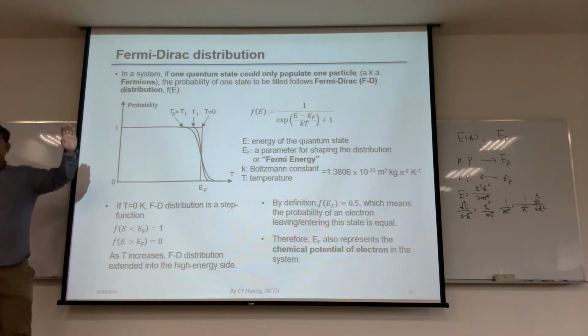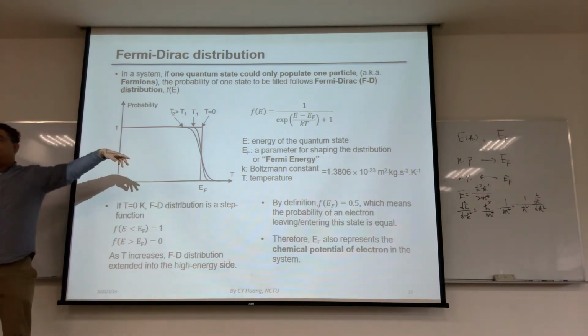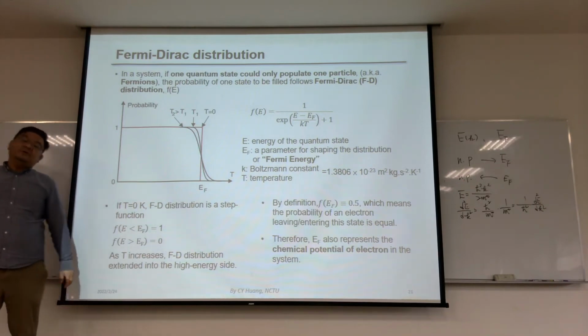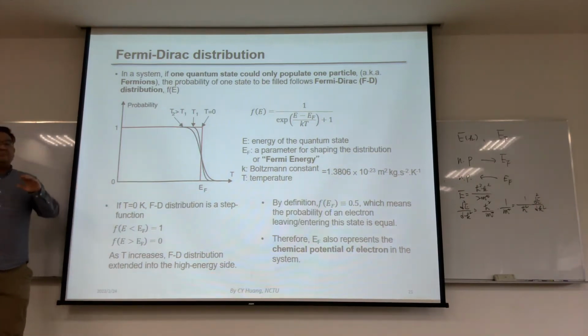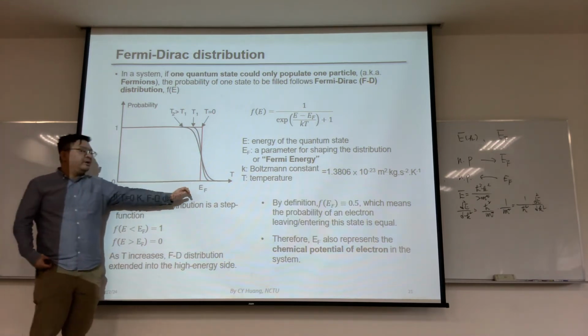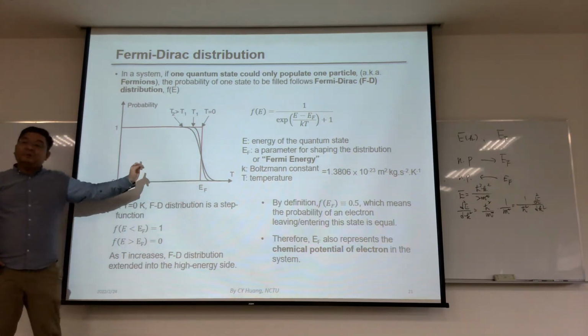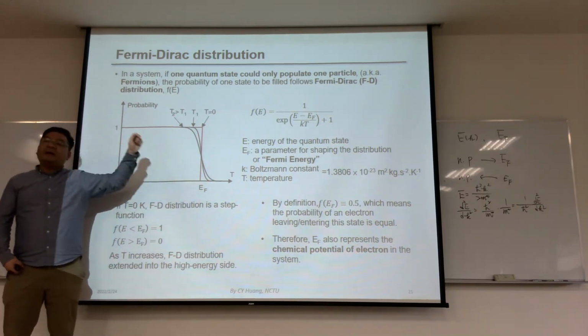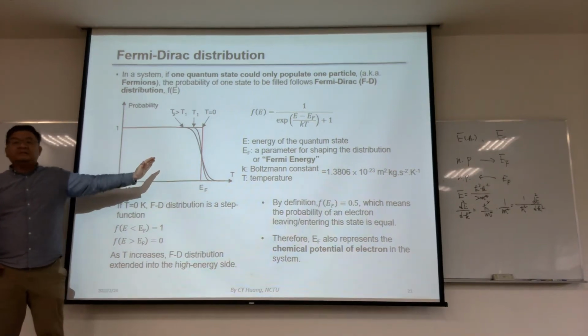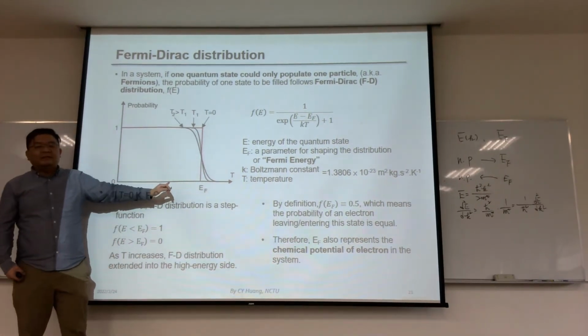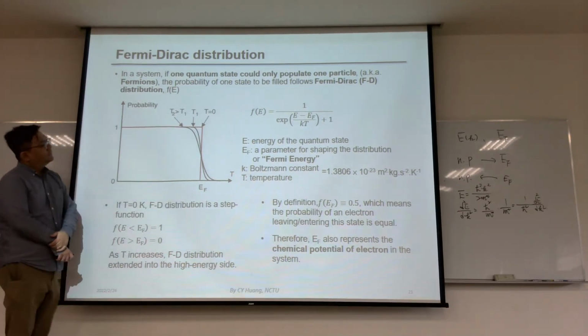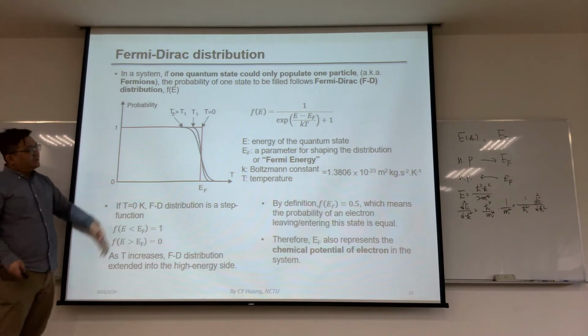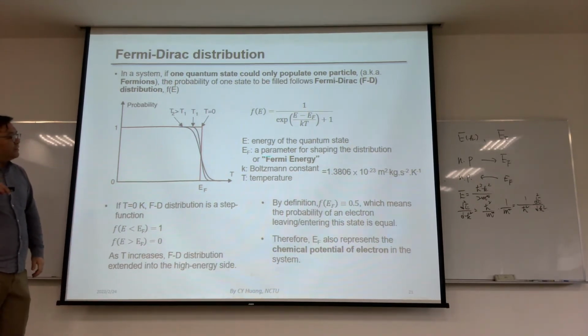Because if your energy is high, the electron tries to leave because it might go to lower energy, right? But if the energy is low, you have some probability to be excited from the environment because the environment isn't at absolute zero. So there will be some equilibrium energy at which the probability of the electron hopping in and out will be equal. That's a characteristic of a system.